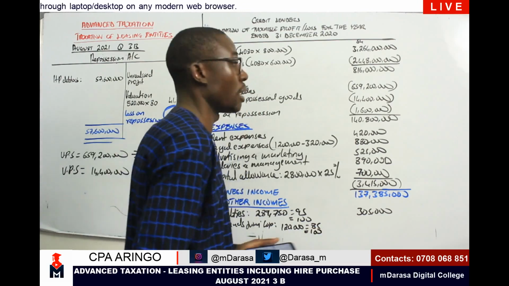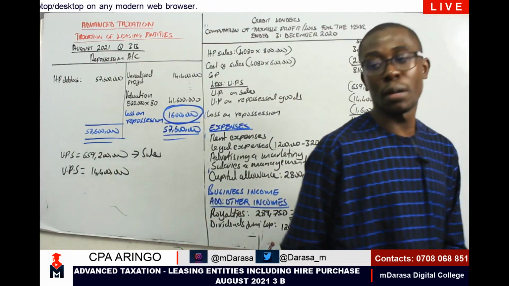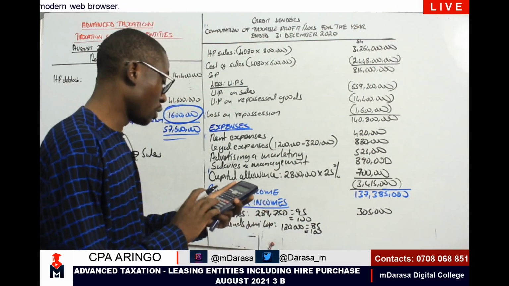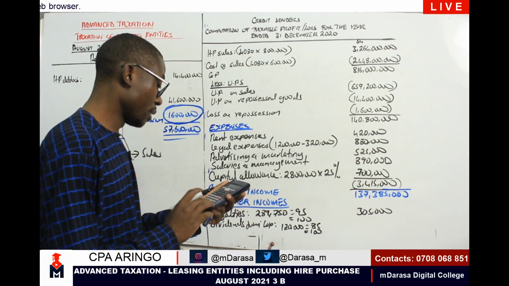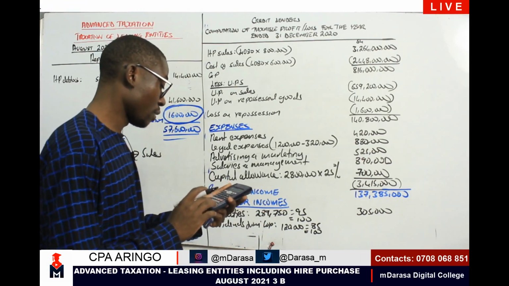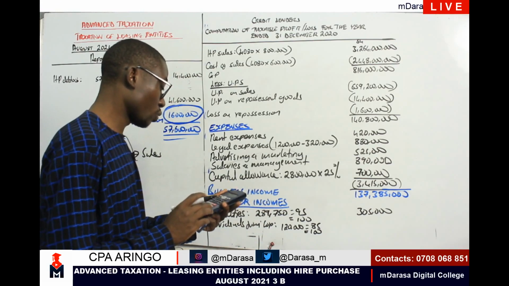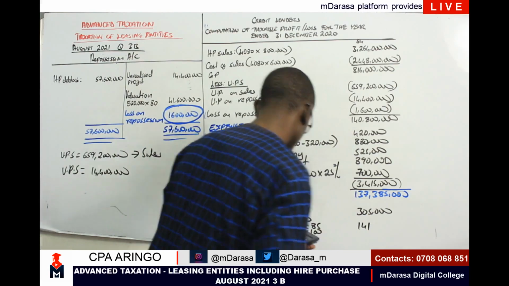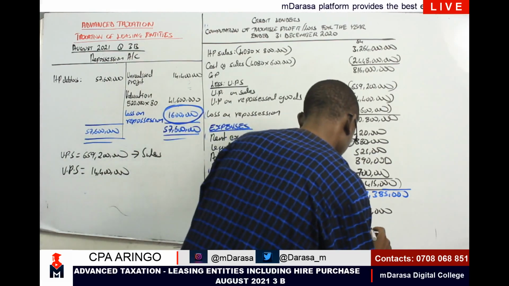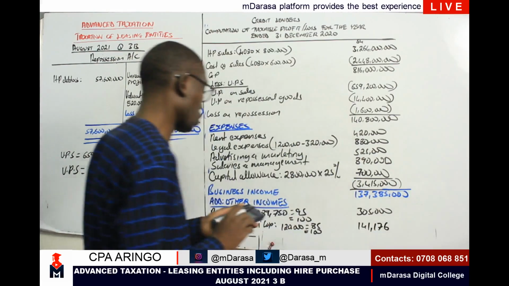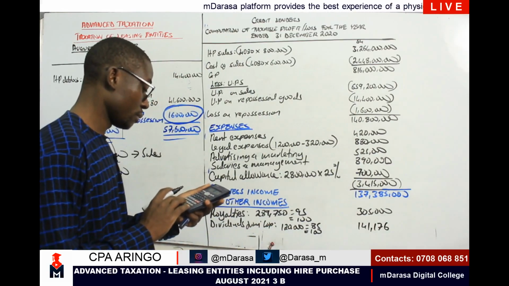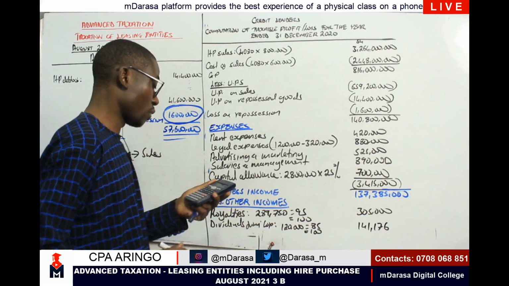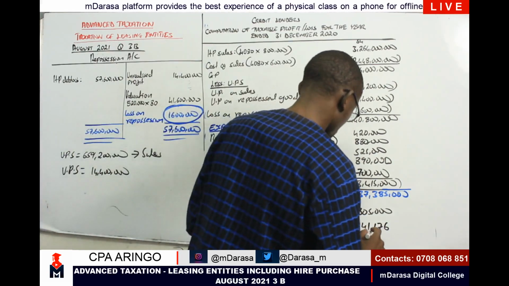We take 120 by 100, divided by 85, to give us 141,176.